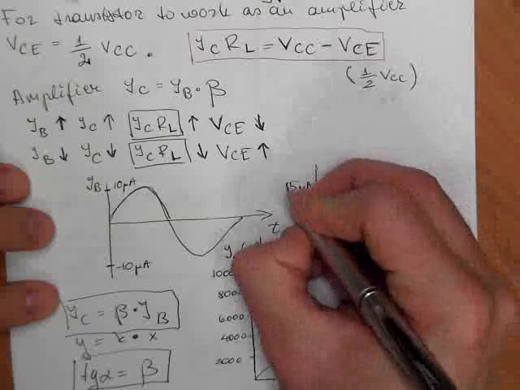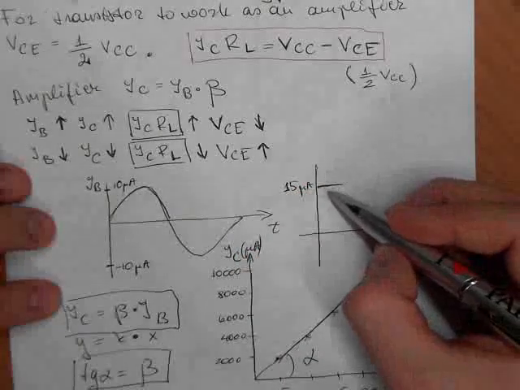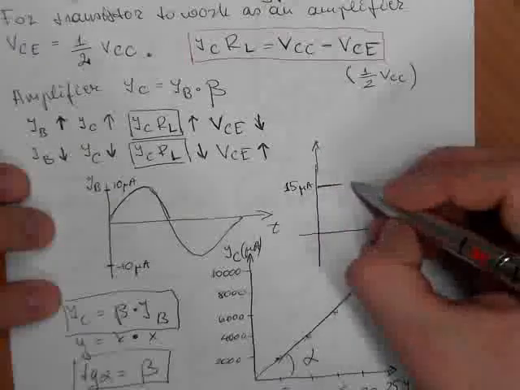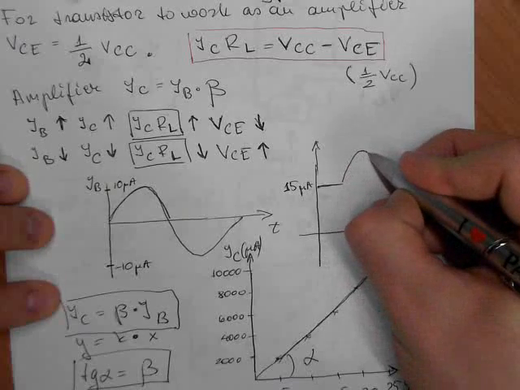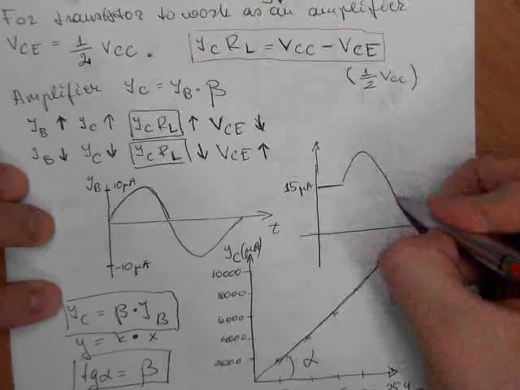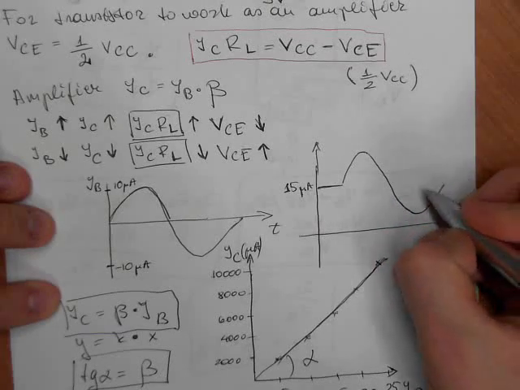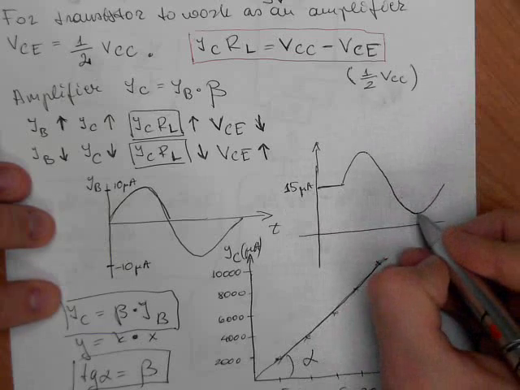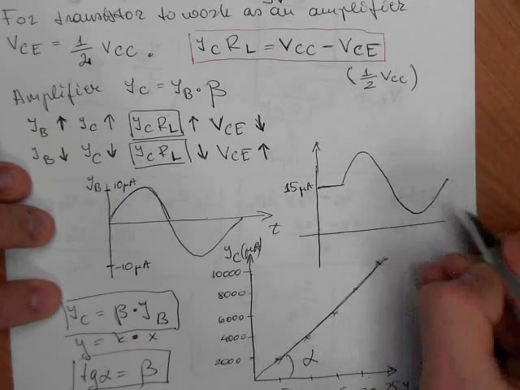Let it be selected 15 microamps, and then the positive swing goes to 20, and the negative swing doesn't go to minus, it stays in the positive, because these are positive.